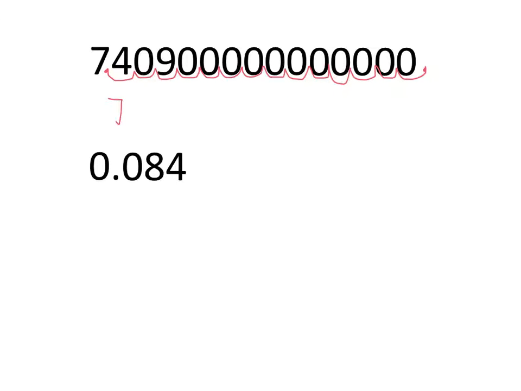So I would write 7.409 and then times 10 to the power, and I forgot how many there were, so I'm going to count it again. 1, 2, 3, 4, 5, 6, 7, 8, 9, 10, 11, 12, 13, 14. So that's 14. And in this case, it's a positive 14 because it's a really big number.